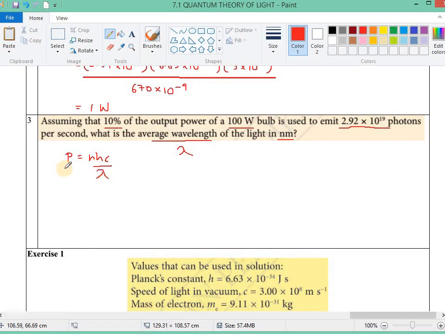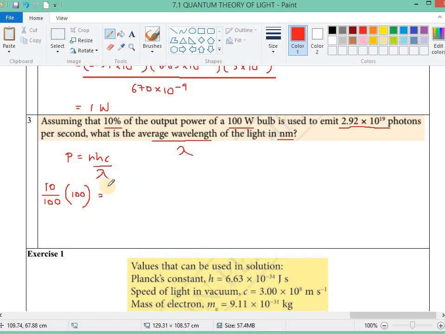The power is 10% of the output power used to emit photons, so 10% of 100 watt. That means 10 watt. We show it as 10 per 100, which is 10%, times 100 watt.